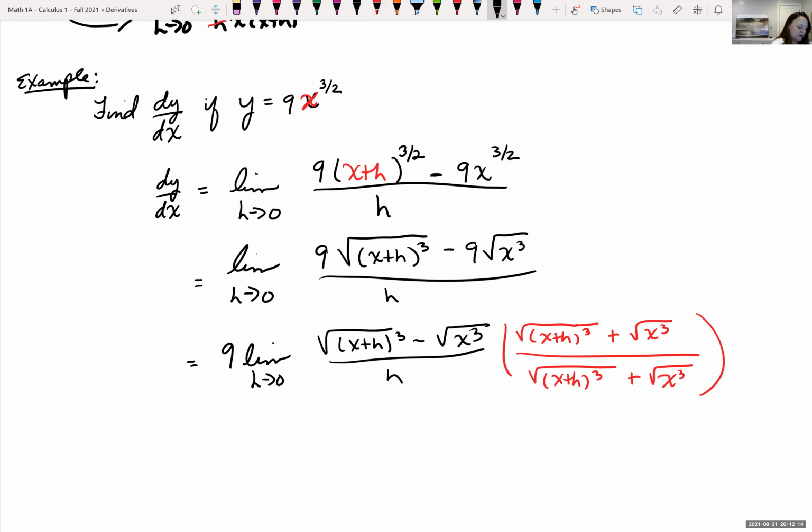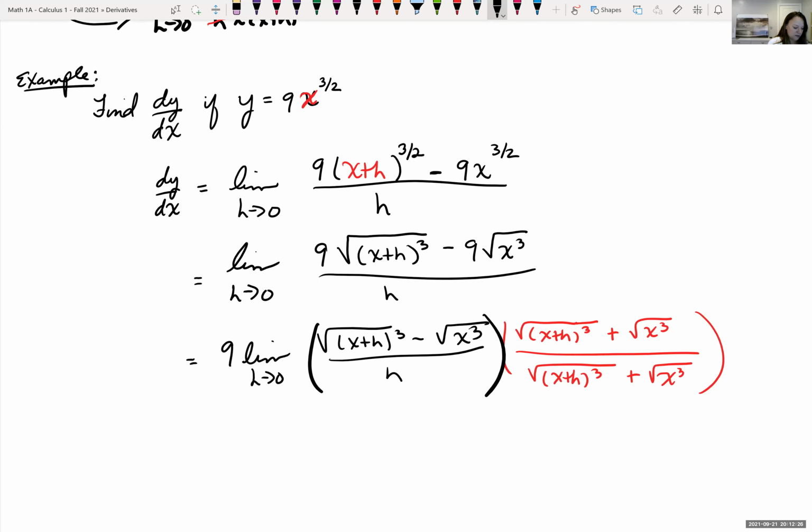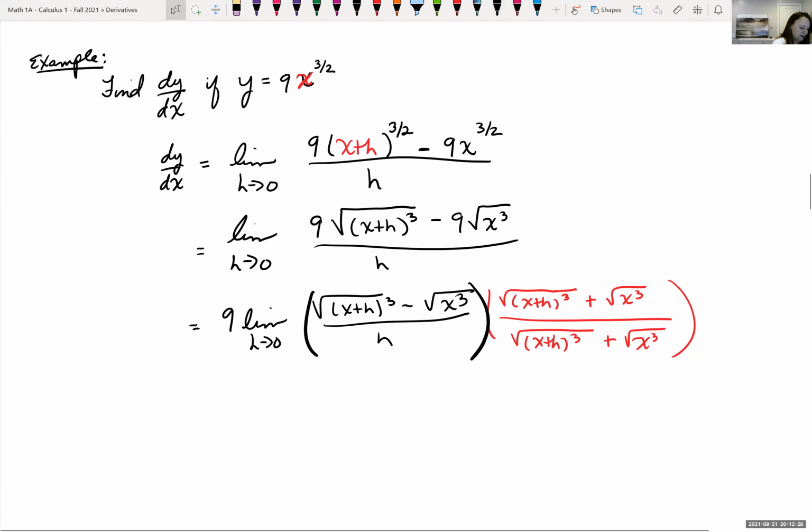Now, since we're multiplying by the conjugate, that's a difference of squares, so we just square the first term minus the square of the second term. That's going to get rid of our radicals in the numerator. So we have 9 times the limit as h goes to 0.